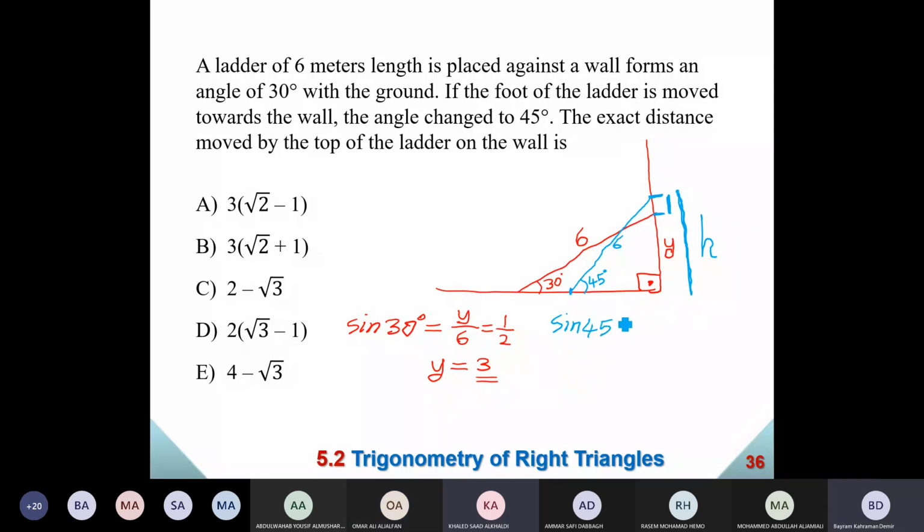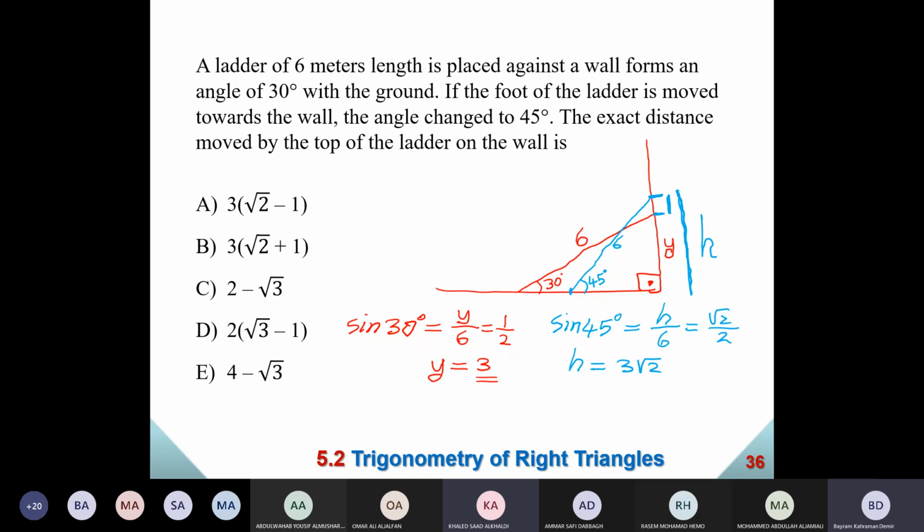Sine 45 should be h over 6. So h over 6 equals root 2 over 2. Perfect. Which means h is equal to 3 root 2.